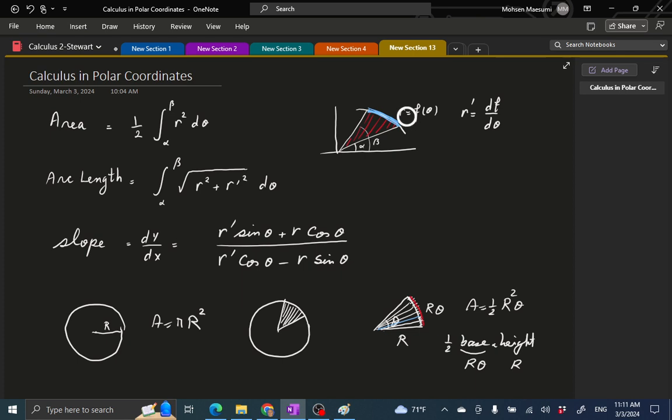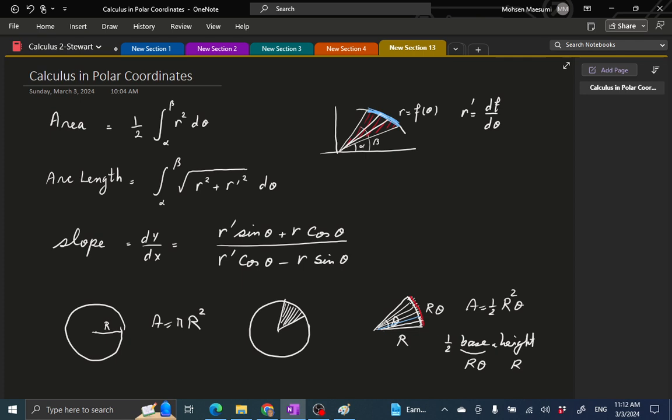If r is given as a function of theta, and let's assume r is positive, and you're going from a small angle alpha to a big angle beta, and you are on this continuous curve and you want to calculate the area of this shaded region, what do you do? Well, you cut it into small strips or small sectors.